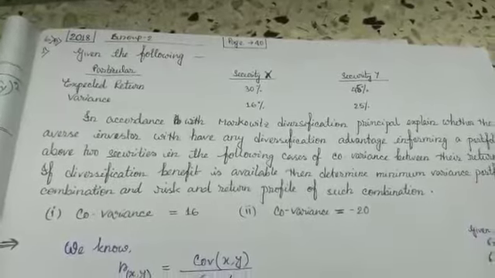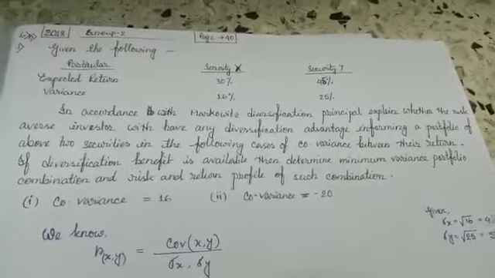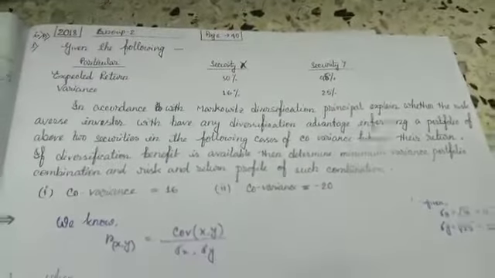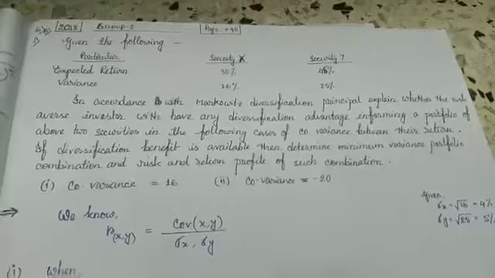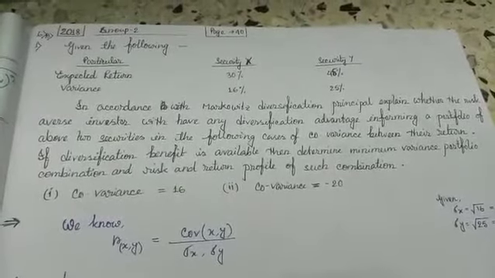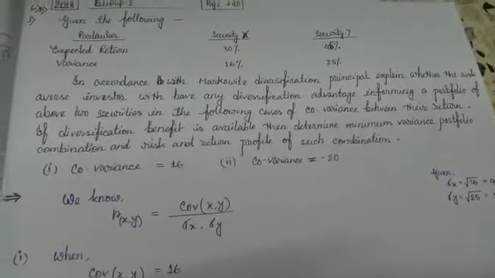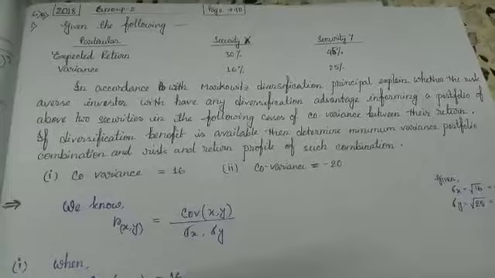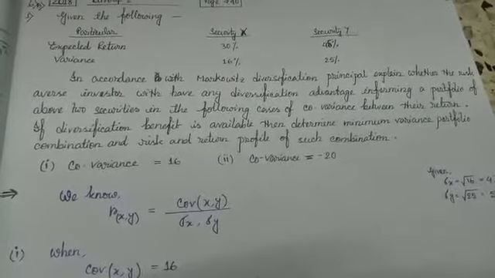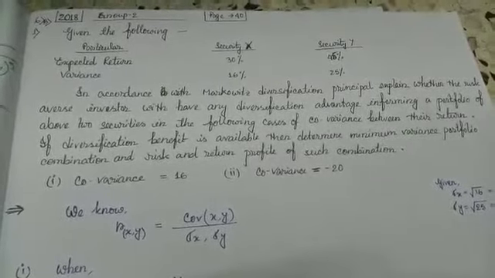In accordance with the Markowitz diversification principle, explain whether risk-averse investors would have any diversification advantage in forming a portfolio of the above two securities in the following cases of covariance between their returns. If a diversification benefit is available, then determine the minimum variance portfolio combination and the risk and return profile of such combination.